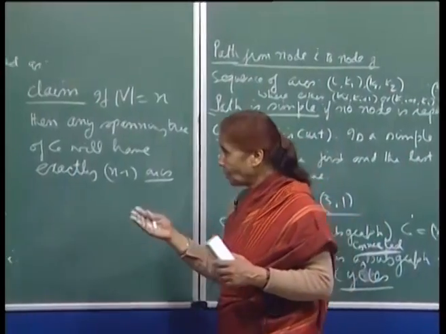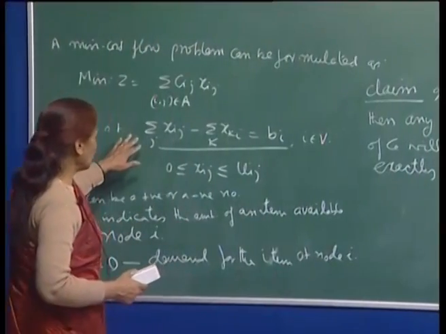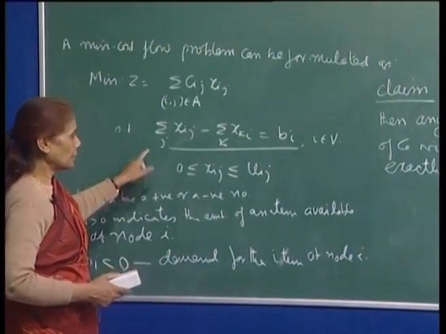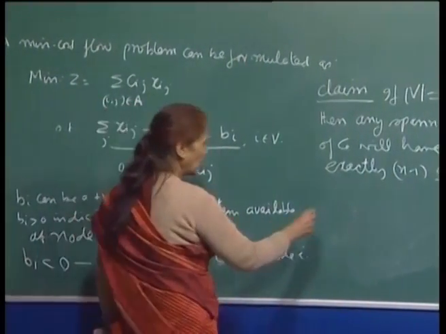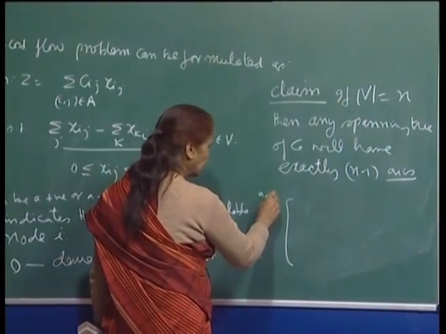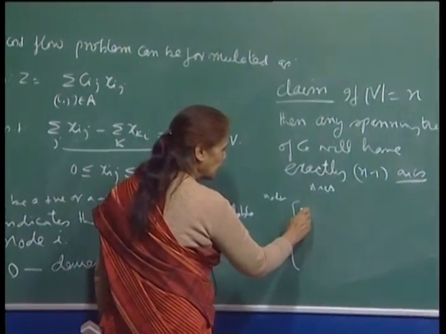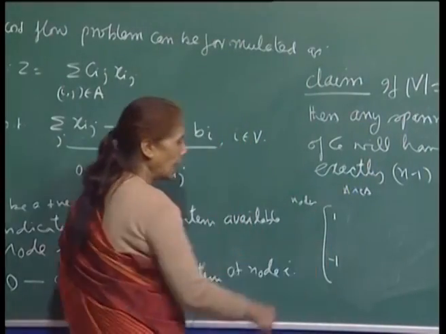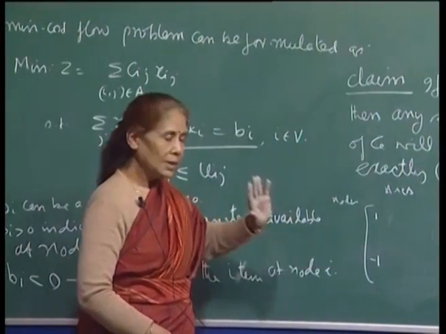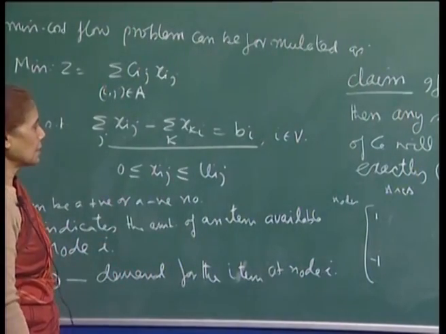Why do I say the problems have special structures? Because the constraints are of this kind, and while discussing the shortest path problem, I showed you that when you write the node arc incidence matrix, which will be the coefficient matrix here, with nodes on one side and arcs on the other, every column will have only two non-zero entries, 1 and minus 1. I had shown you this while discussing the shortest path problem.